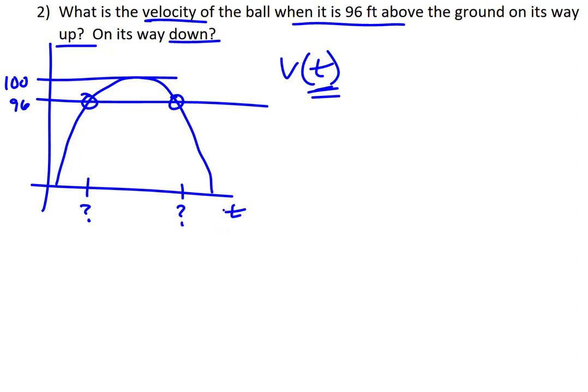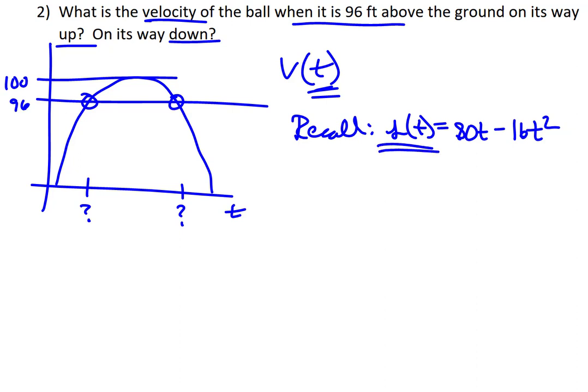Okay, well, I'm not going to get these t values unless I go back and use our position equation. So let's recall that, given above in the problem, s of t was 80t minus 16t squared. So what we really want to know is, when does that position function, s of t, actually hit 96? That's what this question is focused on.